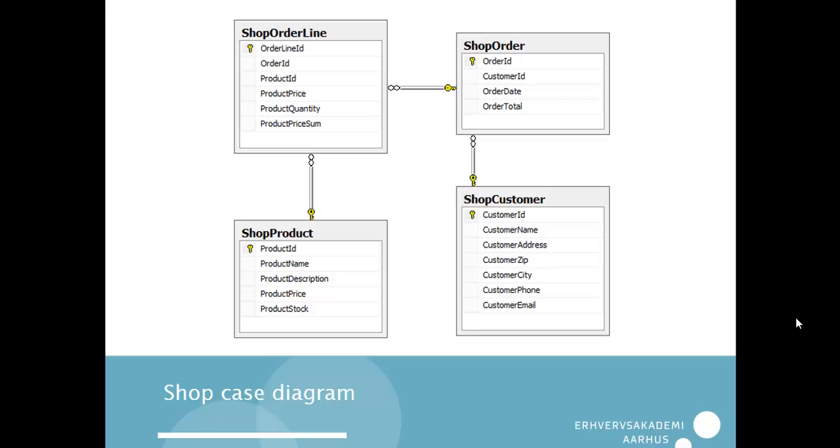That is the product and the price of the product and the quantity that we want to order, and the total price, which is the price and the quantity multiplied together. And of course the order line is also related to the product. So we have a product name, description, price, and then the stock. The stock is how many of this product we have in our warehouse or wherever it may be.